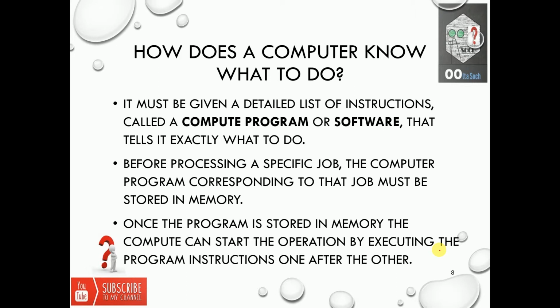Humans have prepared computer programs, we have prepared software, and you load it into the computer. So only that is done by the computer. A computer can process with the help of the program loaded into it. Once the program is stored in memory, the computer can start the operation by executing the program instructions one after the other.